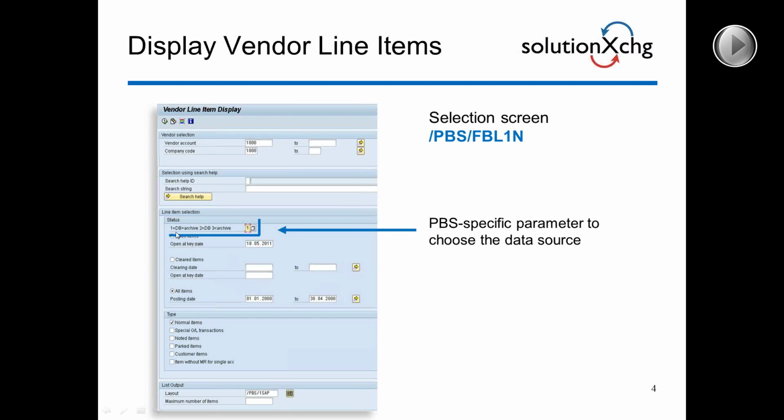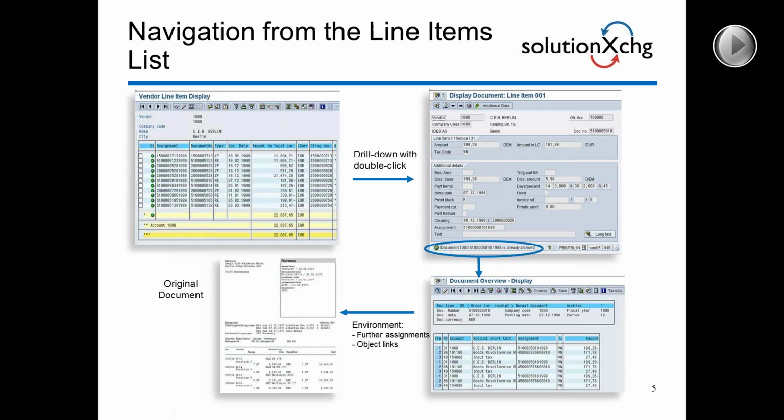The only difference really is that in this little status box here, you have the option to select what kind of data you want to pull up with this report. You can select that you want to look at online data as well as offline data, or only online data or only offline data.